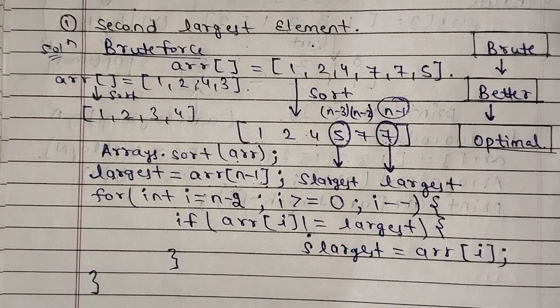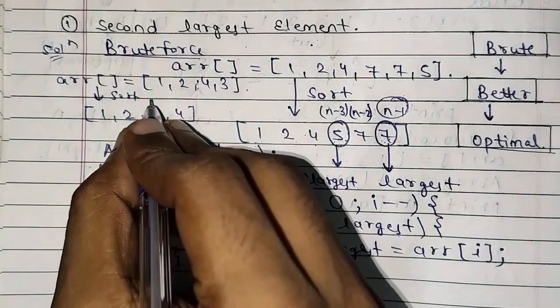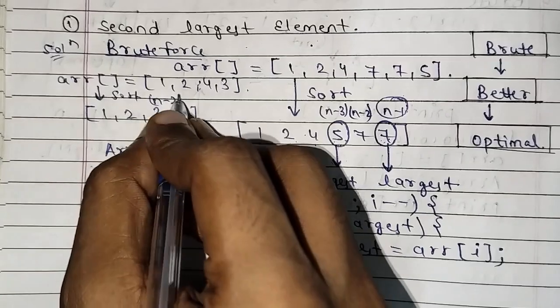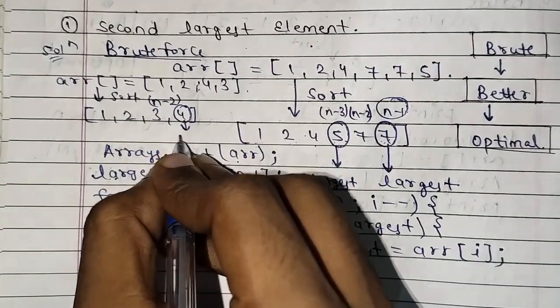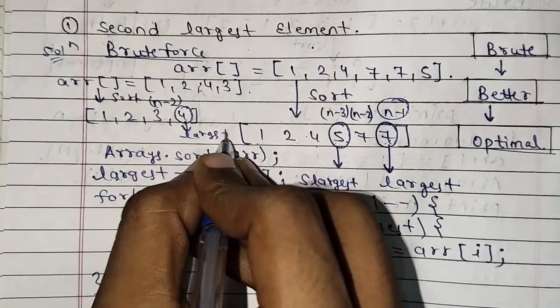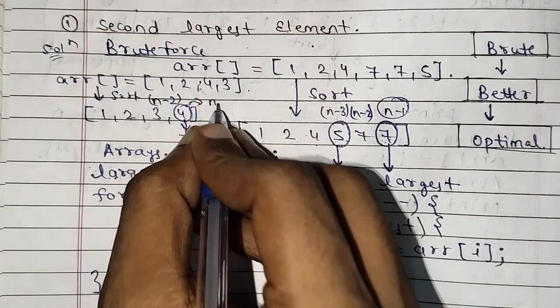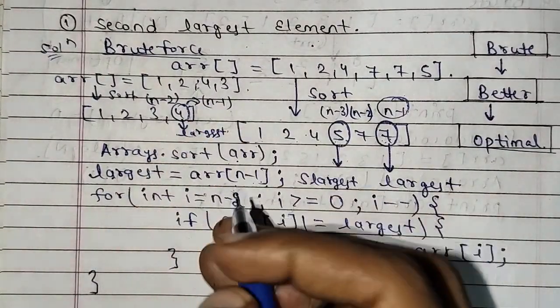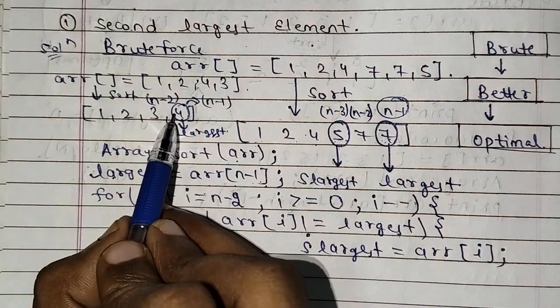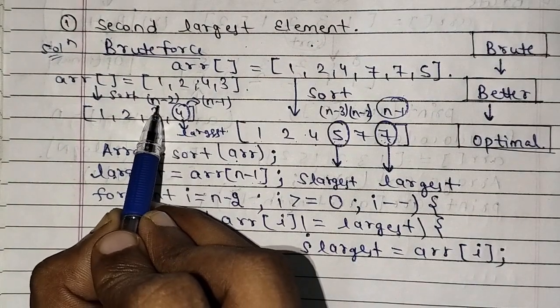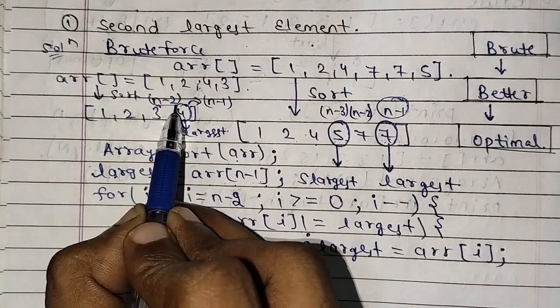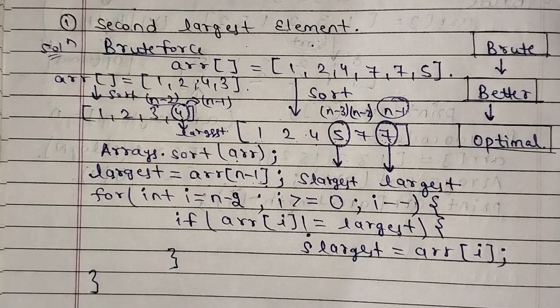Here the second largest element is at the n minus 2th index. This index, n minus 1, is always the largest, and sometimes the second largest element is present at the n minus 2th index, or sometimes it is present elsewhere.